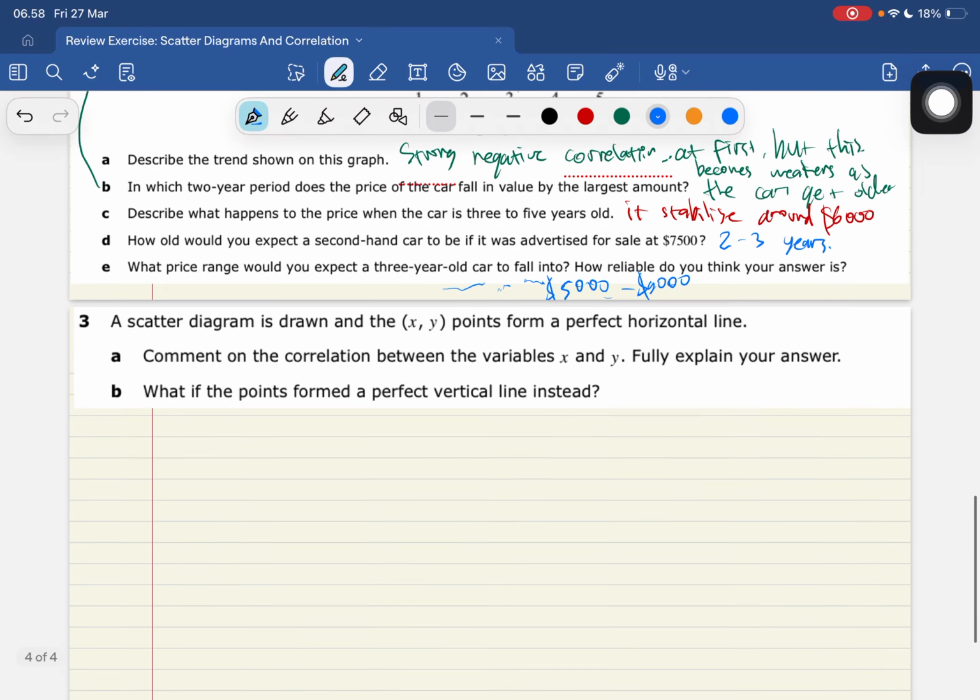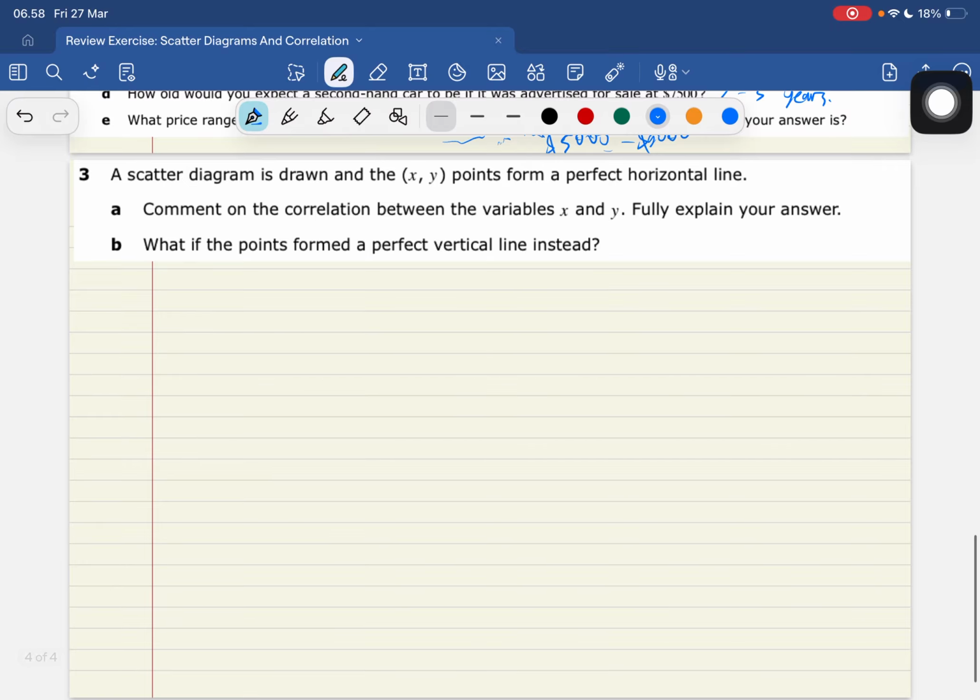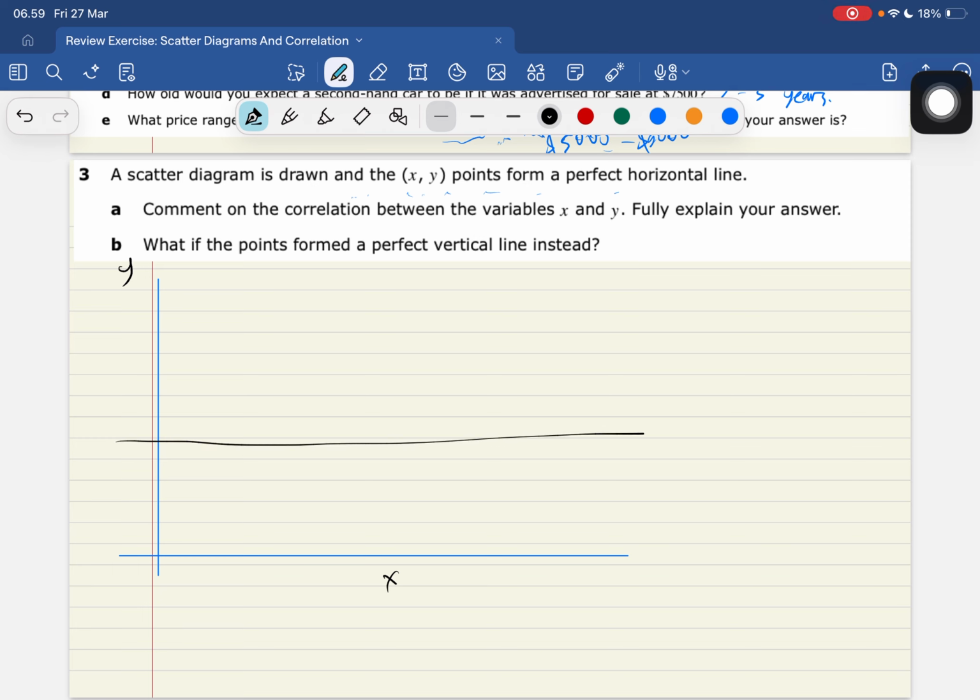Number 3: the scatter diagram is drawn and the X and Y points form a perfect horizontal line. Let's draw it. If this is X and this is Y, a horizontal line is only like this.